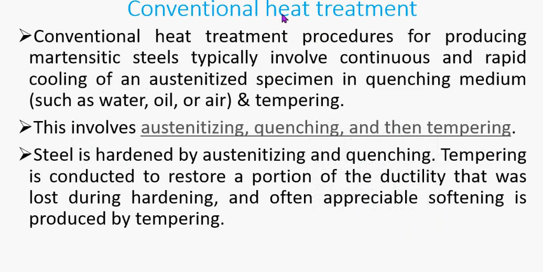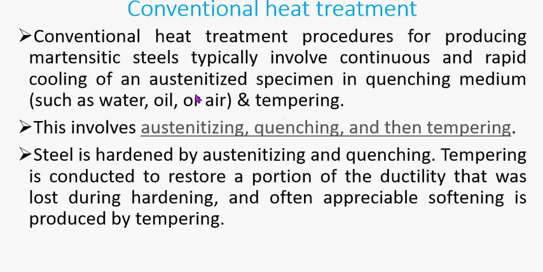Next is the conventional heat treatment. The conventional heat treatment basically is a hardening process, and it involves 3 stages: the austenitizing, the quenching, and the tempering. We are going to look at each one after the other. Basically, when we say conventional heat treatment, here the cooling is expedited by rapid cooling.